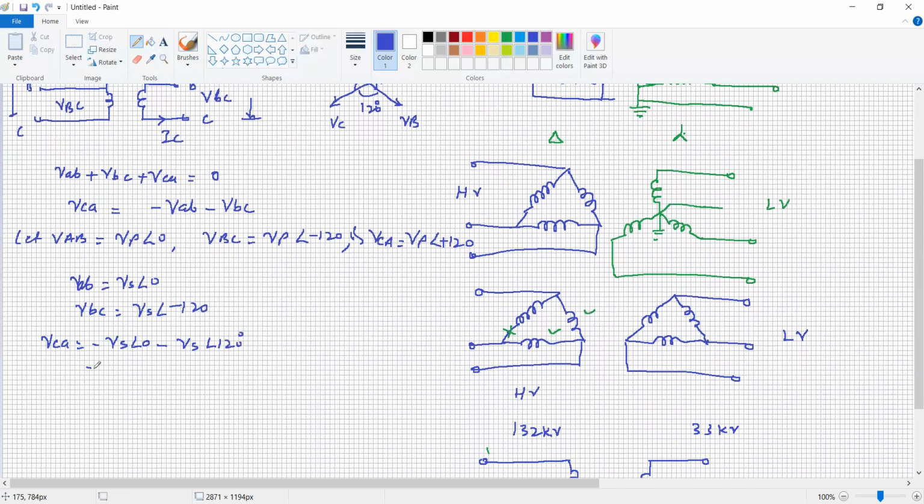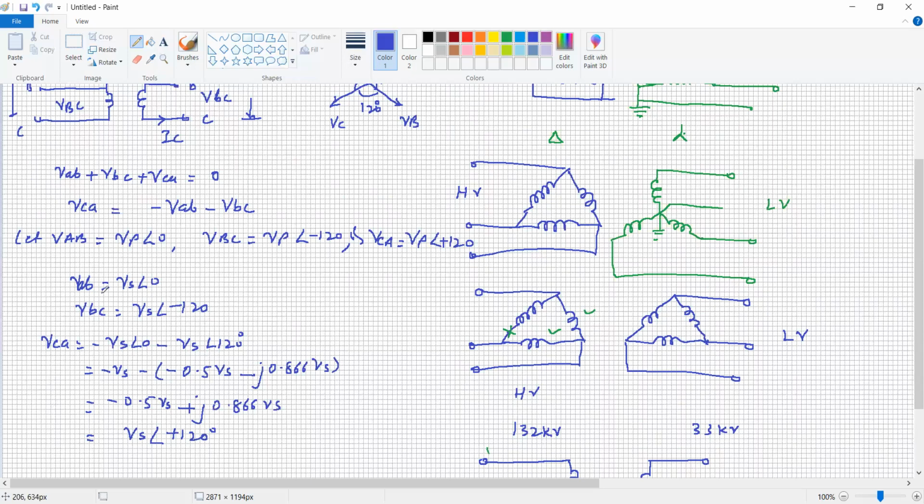So after putting this value, that is minus Vs into bracket minus 0.5 Vs minus j 0.866 Vs, finally we come to know that it is equal to minus 0.5 Vs plus j 0.866 Vs, which is equal to Vs at an angle of plus 120 degrees.